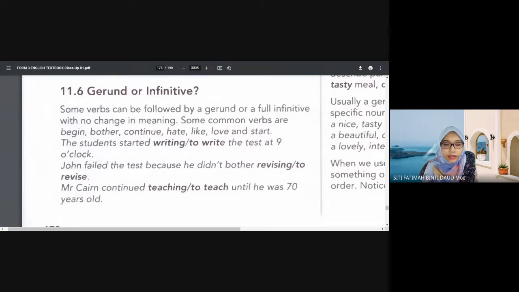Mr. Kane continued teaching, or Mr. Kane continued to teach until he was 70 years old. Okay, so how would you choose? Whether you use ing or you use to infinitive.